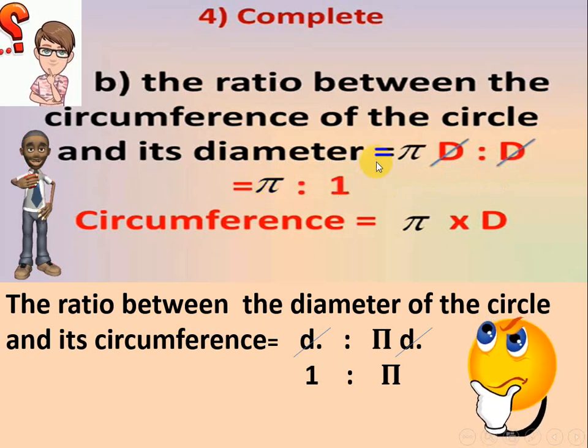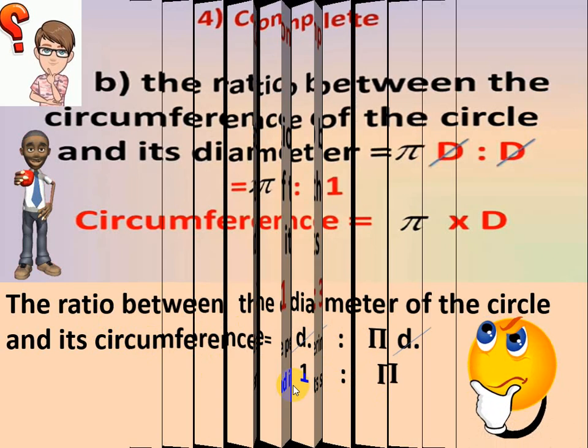So the ratio will be pi to 1. If we said the ratio between the diameter of the circle and its circumference, it will be 1 to pi. Yes, it will be 1 to pi.